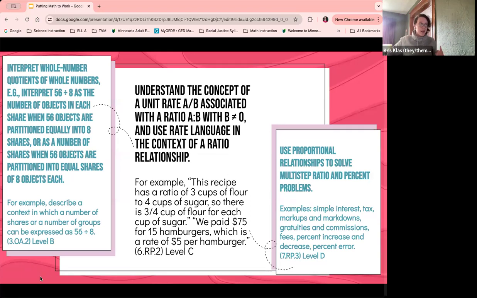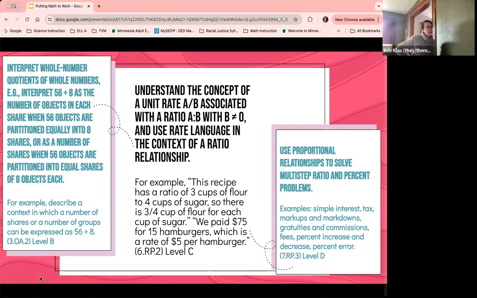There was not a 5.RP standard in the CCRS book. But in the level B standards, I did find interpret whole number quotients of whole numbers.